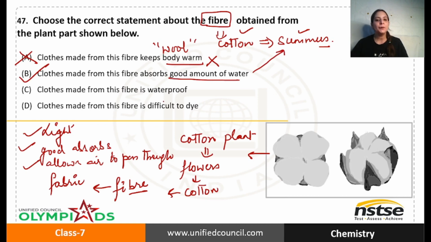Clothes made from this fiber are waterproof. No, anything waterproof doesn't get wet, but cotton gets wet. Clothes made from this fiber are difficult to dye. Again, wrong, because we can dye cotton in different colors. So the correct answer is option B.